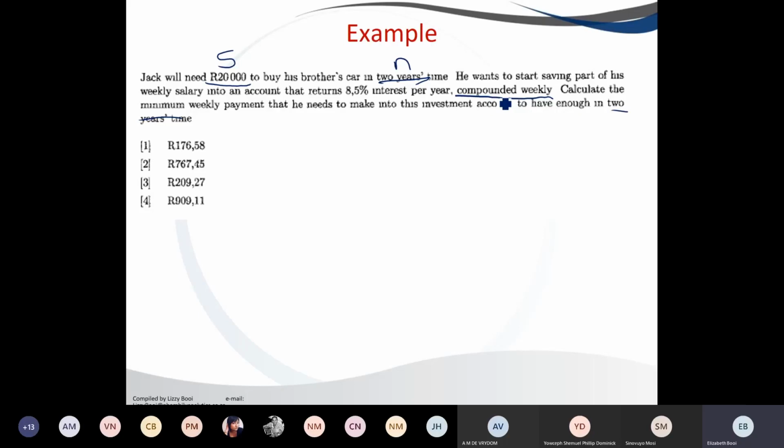So our compounding periods here are 52, and our interest, which is our i, equals 8.5%. Let's write it, 8.5% divided by 100 will give us 0.085.